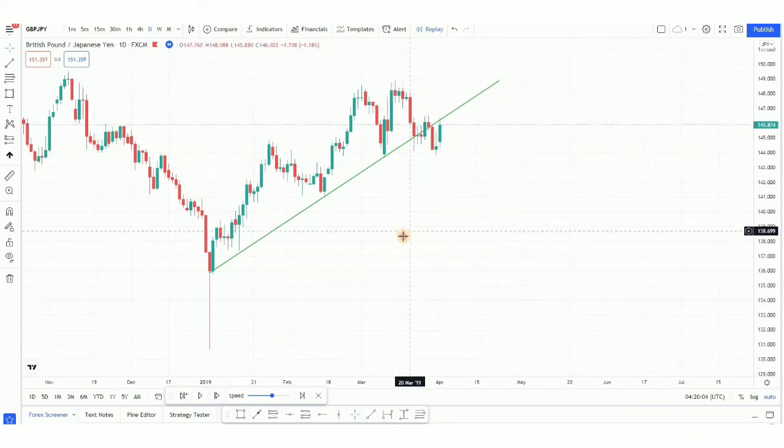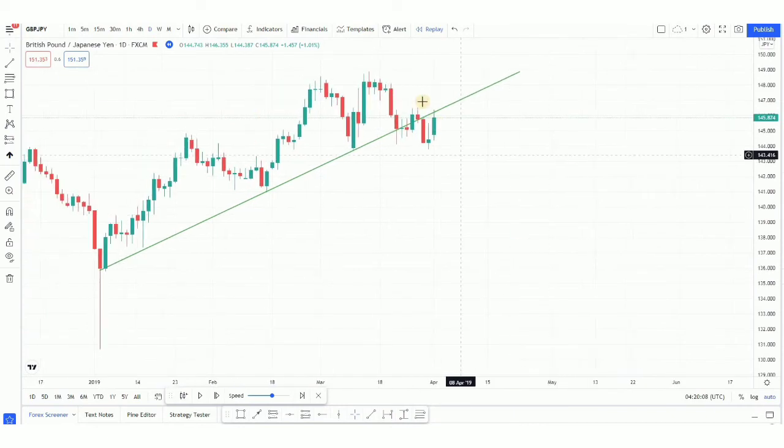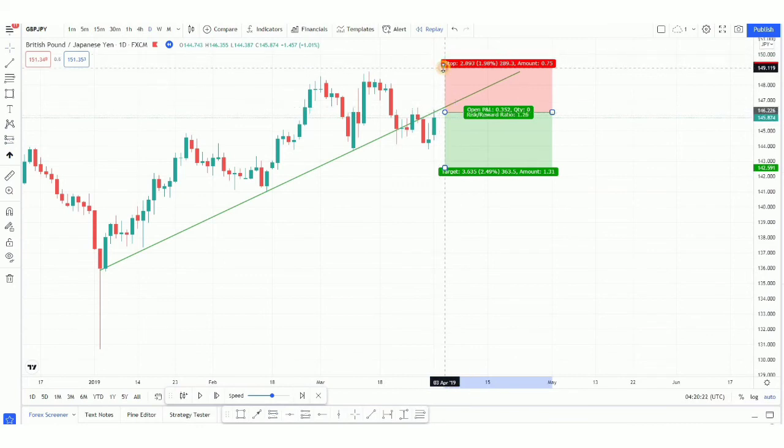All right, so I can see that right now price has come to retest this zone. So I'll be entering my short position here, with my stop loss slightly above the previous high, and my take profit at this level.